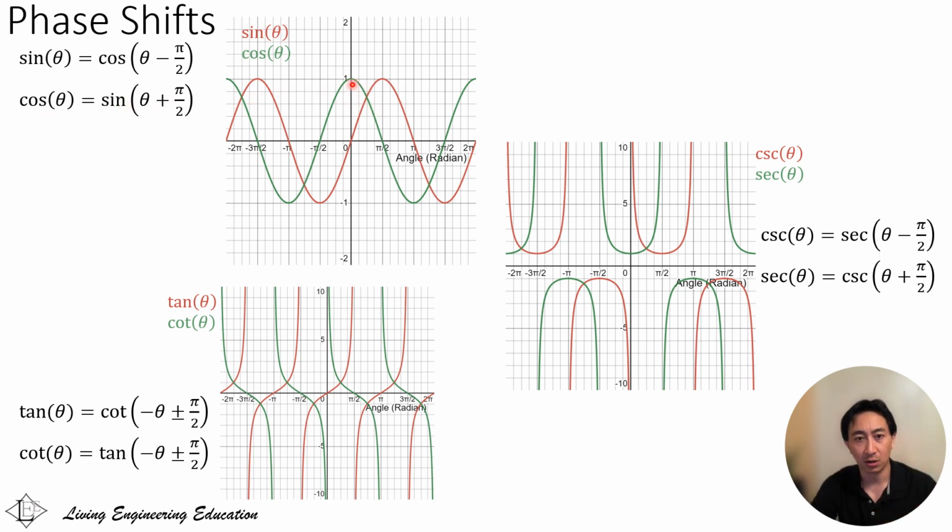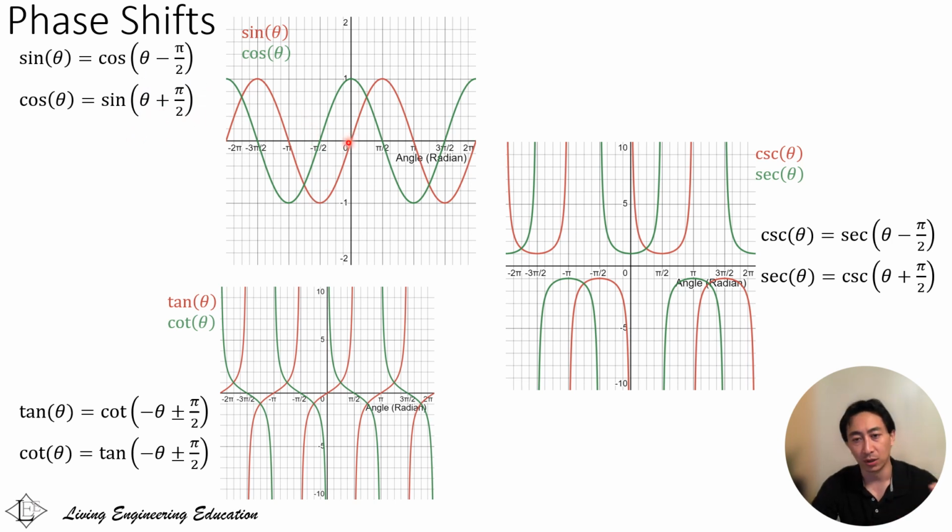If you shift it to the right, then the reverse: cosine theta, if I want sine theta to match it, I need to pull back or start earlier. That's what the positive sign is saying for sine by pi over 2. So it's like taking this red peak and starting it earlier, because a negative pi over 2 for theta in this function for the sine term is not here, it's down here.